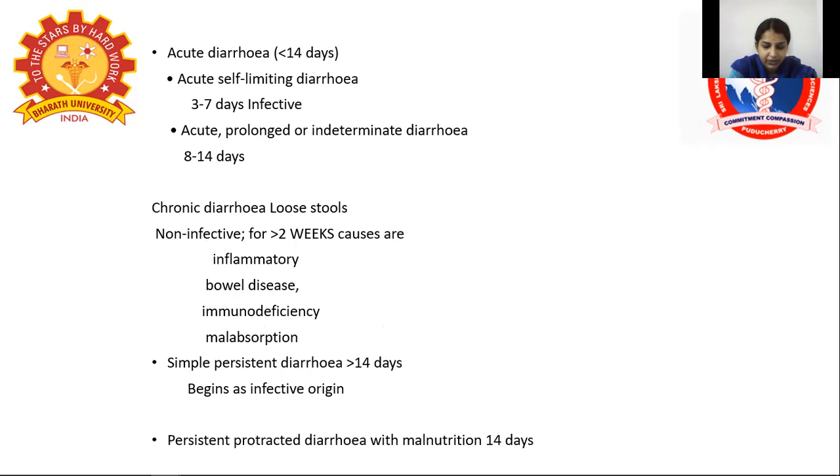So, going to the definition of acute diarrhea: any diarrhea that is lasting for less than 14 days. Acute self-limiting diarrhea is from 3 to 4 days, 3 to 7 days, and it is usually infective. Acute prolonged, or intermediate diarrhea usually lasts for 8 to 14 days.